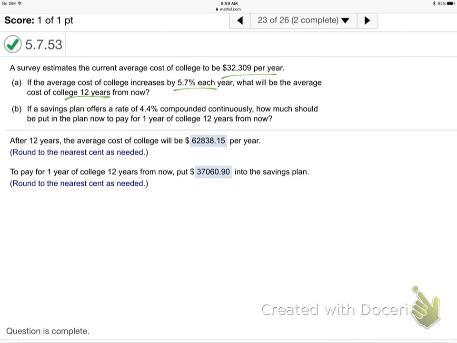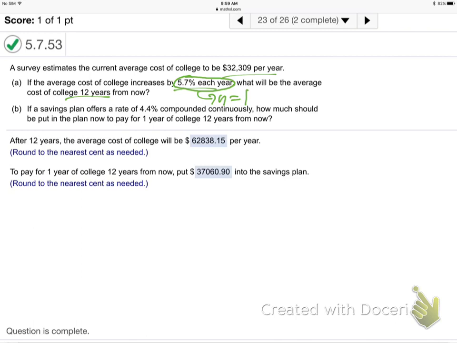Oh no, because it says right here, 5.7% each year, that means n equals 1. When they say something grows by 5.7% each year, they're saying every year, once a year, 5.7% growth. Next year, 5.7% growth. Next year, 5.7% growth, right? That's like once per year compounding, isn't it? That's exactly what it is when they say something like that.